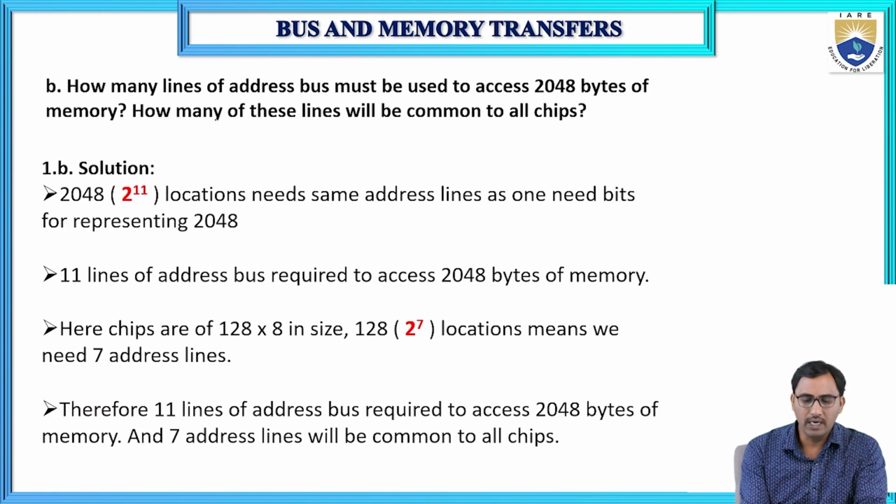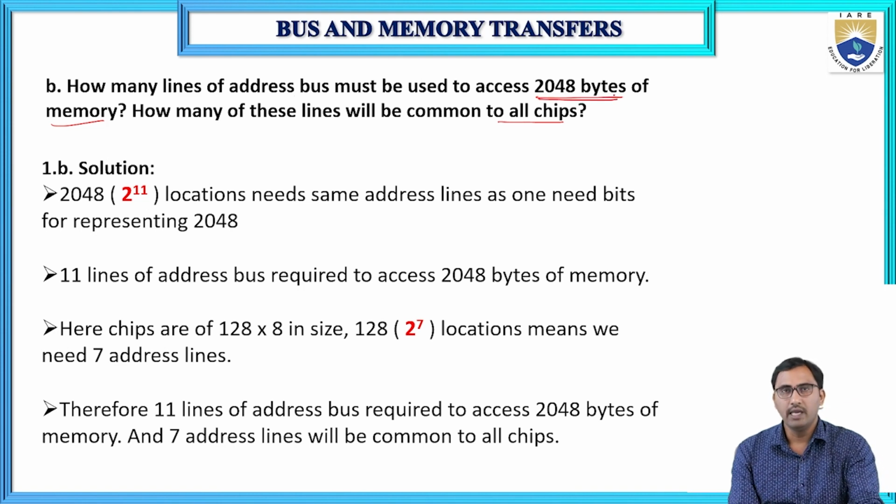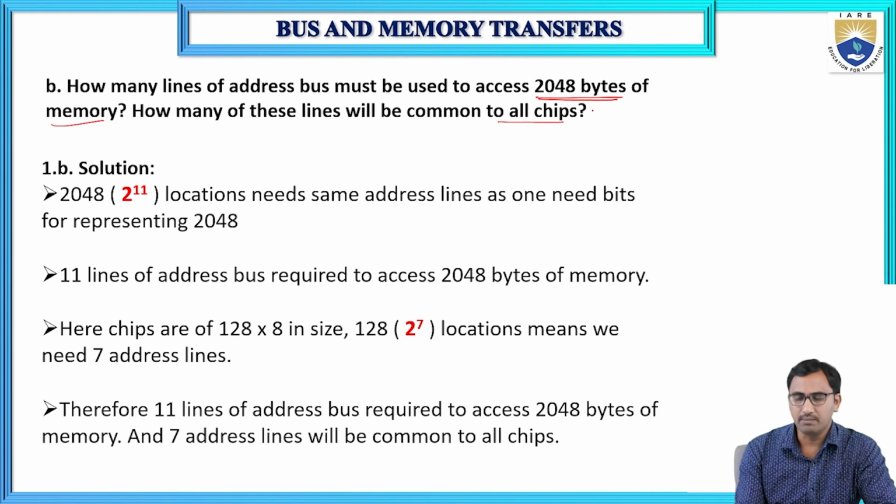Next one: how many lines of address bus must be used to access 2048 bytes of memory? How many of these lines will be common to all chips? So in order to access 2048 bytes, how many address lines are required? There are 2048 locations.